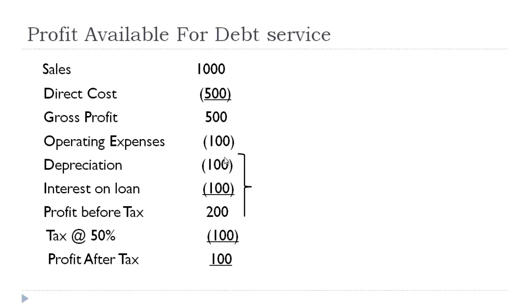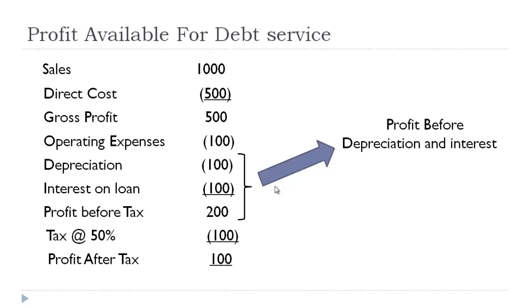So what we'll do, from this PBT of 200, we'll add the interest on loan and depreciation. So we'll get what is known as profit before depreciation and interest. And we'll see the calculation part. It is say 100 plus 100 plus 200, and that gives you 400 of profit before depreciation and interest.